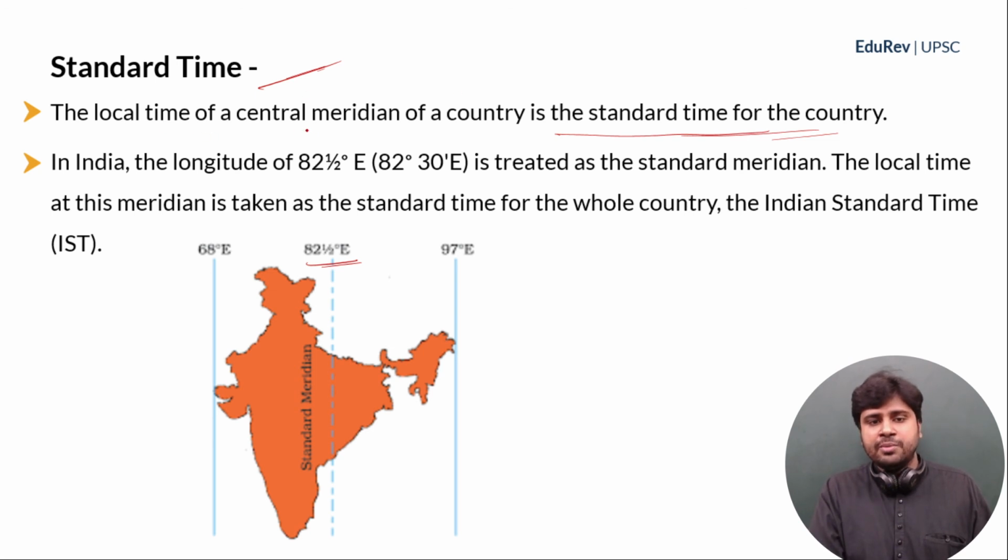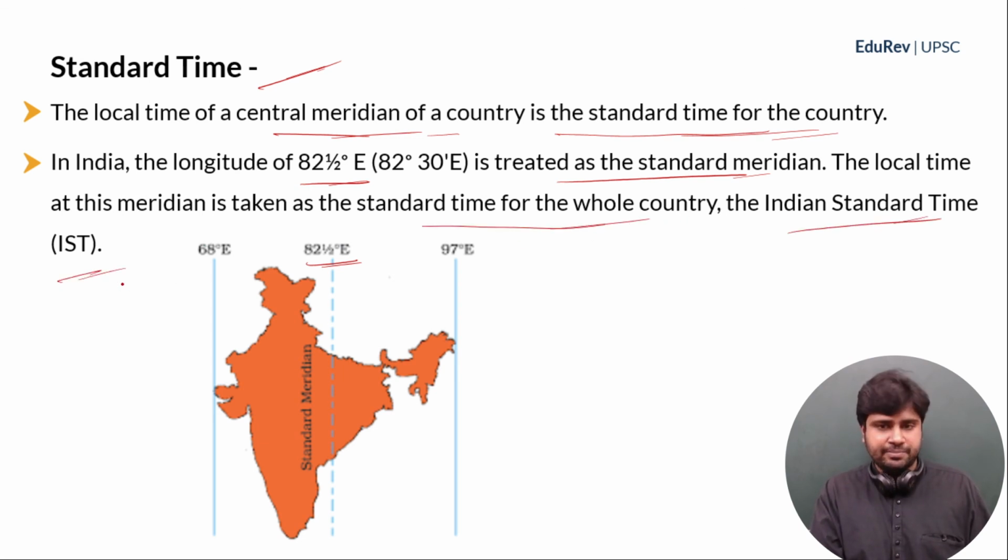The local time of a central meridian of a country, a meridian located geographically at the center of the country, is taken as the standard time for the entire country. In India, the longitude of 82.5 degrees east is treated as the standard meridian, and the time of this meridian is taken as the standard time for the whole country, which is the Indian Standard Time.